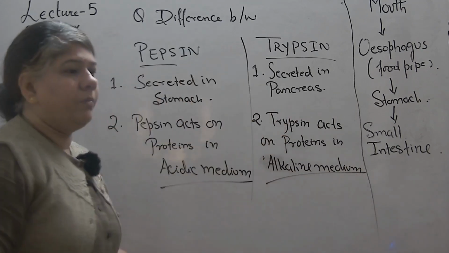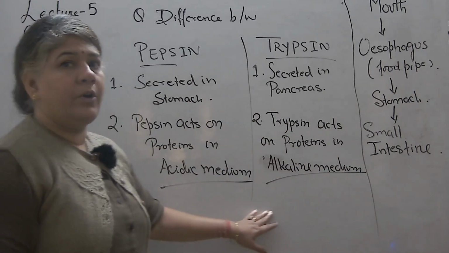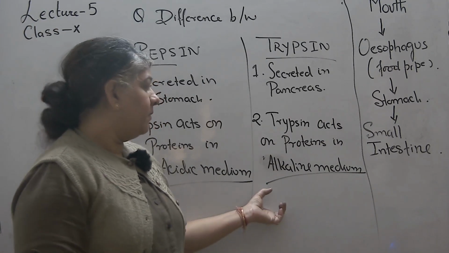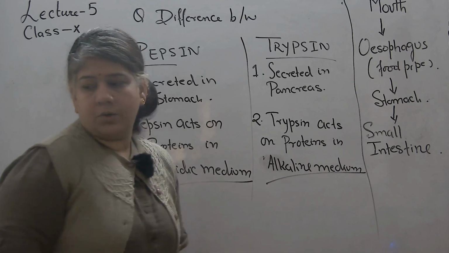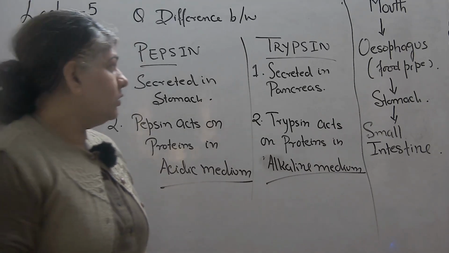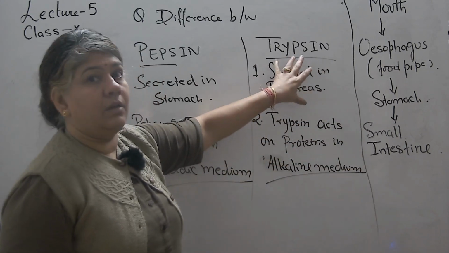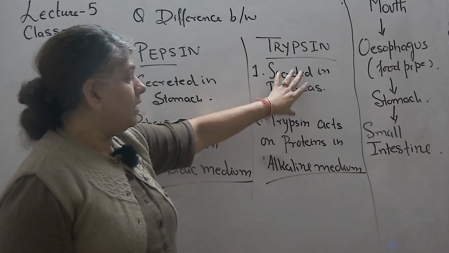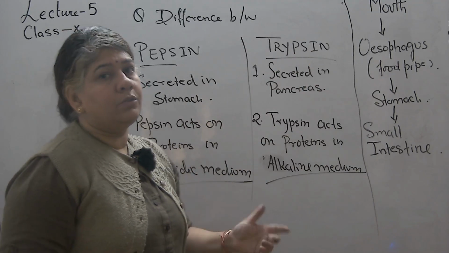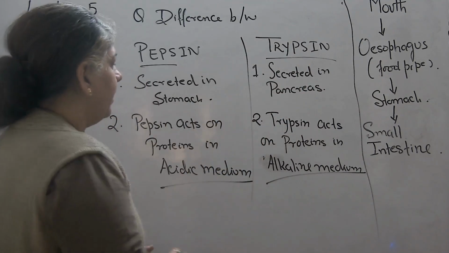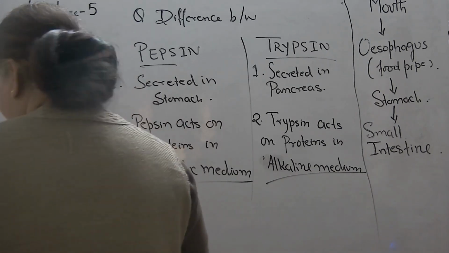So this information is also important for assertion reason type questions and 1 marker type questions. So trypsin is not secreted in the small intestine, it is secreted in the pancreas, and then it is poured into the small intestine through the pancreatic duct, where it performs its function.